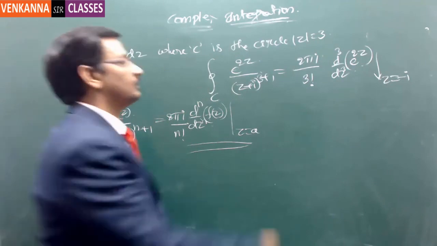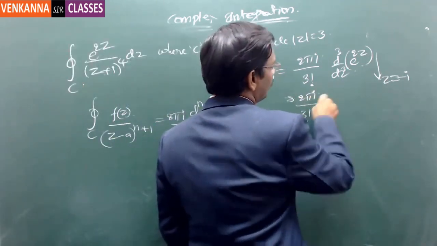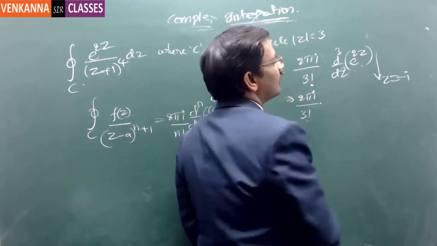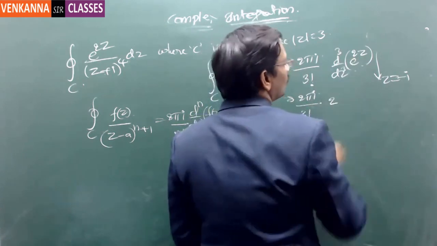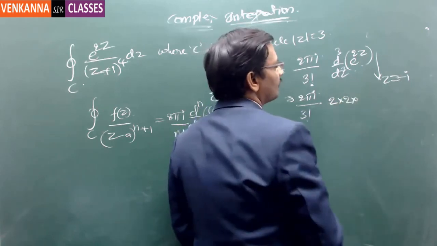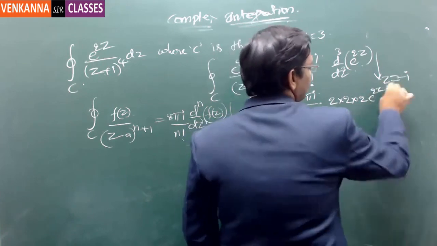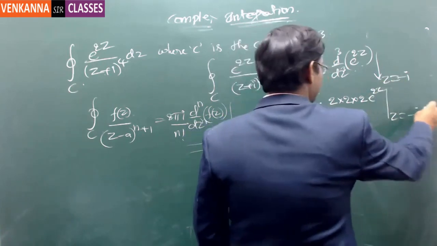Got it? Now this is 2 pi i times 3 factorial into the derivative of e power 2z. The first derivative of e power 2z is 2 times e power 2z, the second derivative is 2 squared e power 2z, and the third derivative is 2 cubed e power 2z. Then substitute z is equal to minus i.